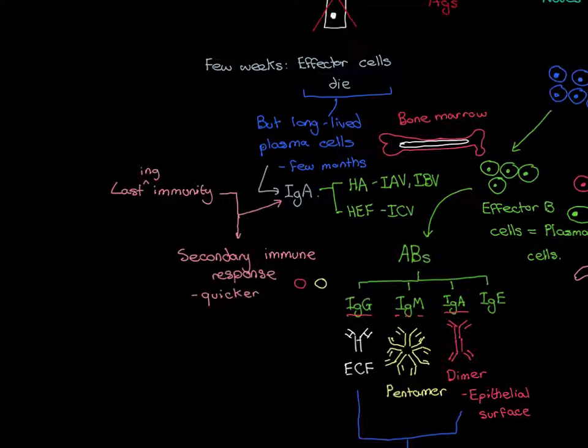So it's not just that you have immunity to the specific strain that you were infected with, you'll have immunity also, or at least a better immune response to other strains that are very similar to it. And that doesn't just go for influenza A virus, of course, that goes for influenza B virus and influenza C virus as well.